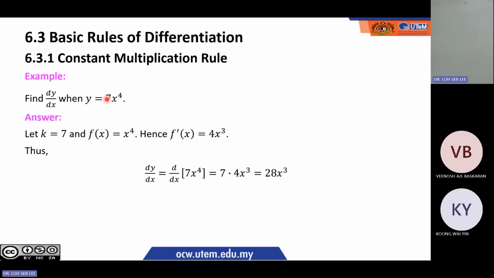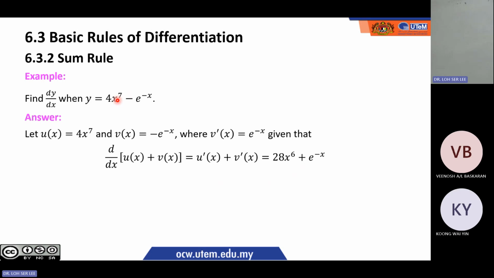So 4 times 7, you get 28, and then the power minus 1, that means 3. This is for differentiation. Similar to the example just now, 7 times 4, you get 28, and this power minus 1, you get 6.